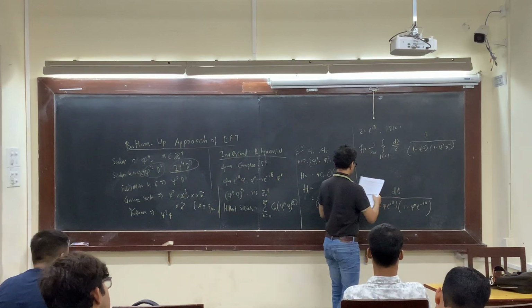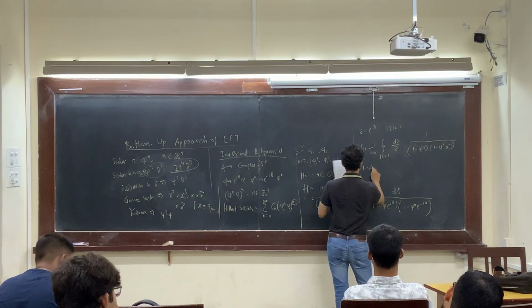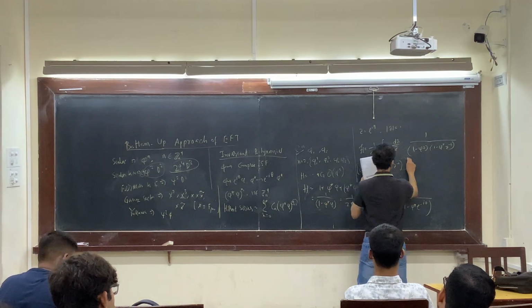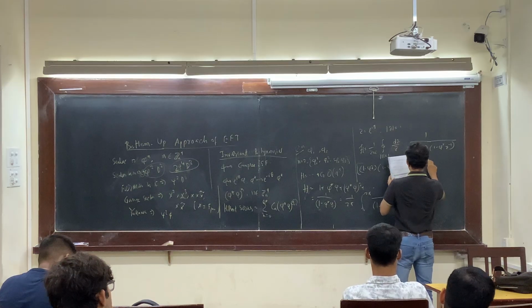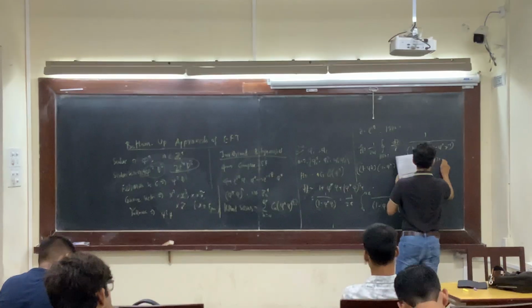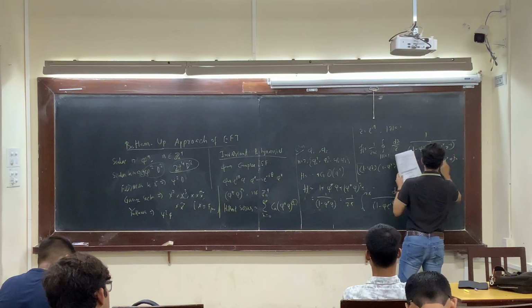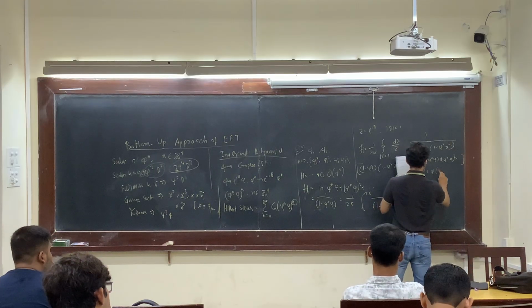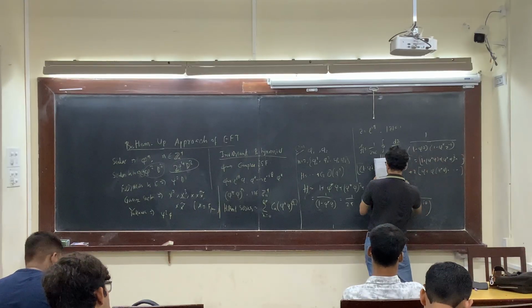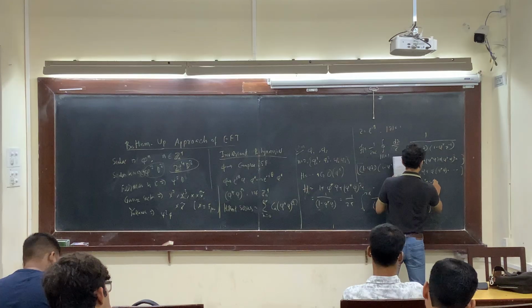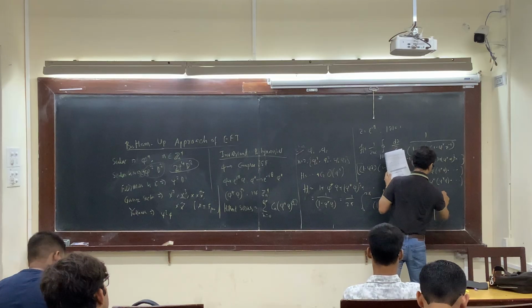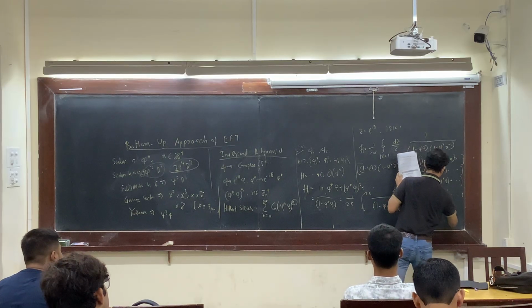If you perform that expansion, you'll find the following very interesting structure: (1 minus phi z)(1 minus phi star z inverse) whole inverse is equal to 1 plus phi star phi plus (phi star phi) whole square, and so on. This is one structure you'll get, and then you'll get z times (phi plus phi phi star phi plus so on), and then 1 by z times (phi star plus phi star phi phi star plus so on), and plus z square terms and 1 by z square terms.